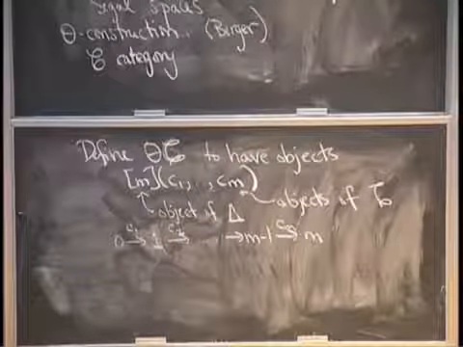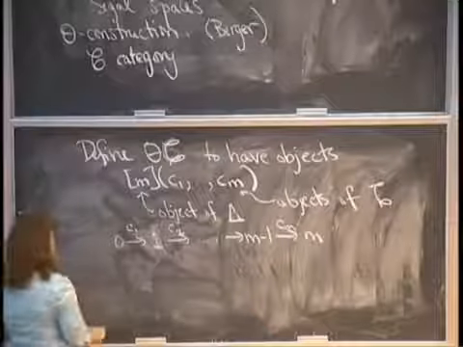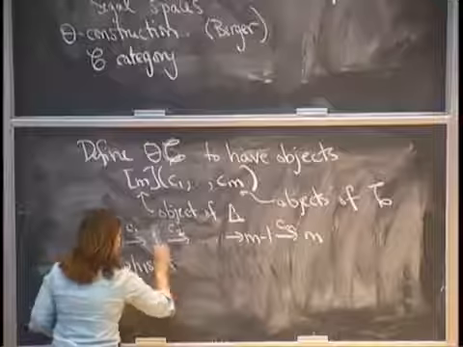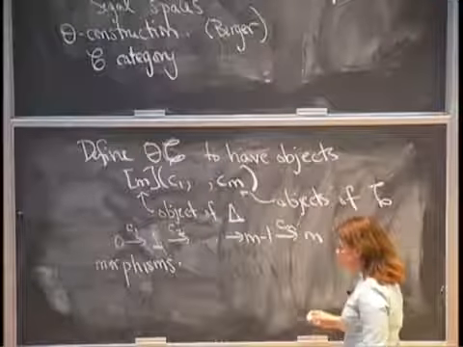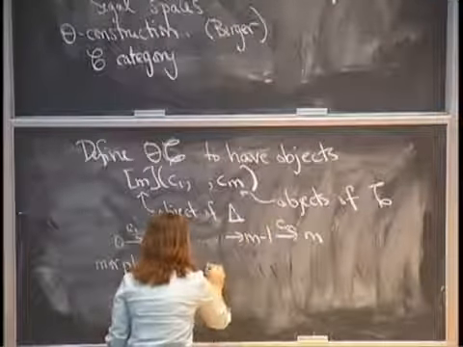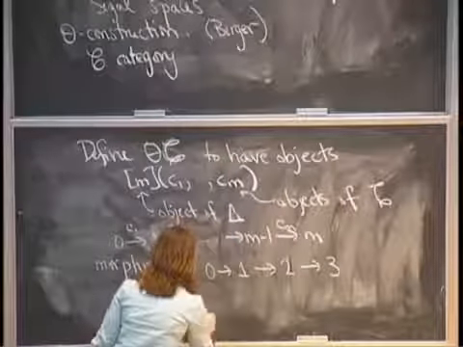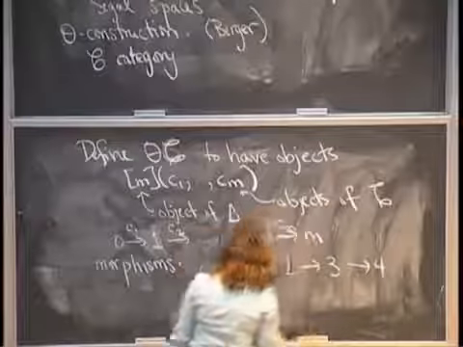It's one of those things that's much more enlightening to look at an example than to write down the actual definition. So let me just give you a couple of objects here. Maybe I have this object, I'll make it a little longer.